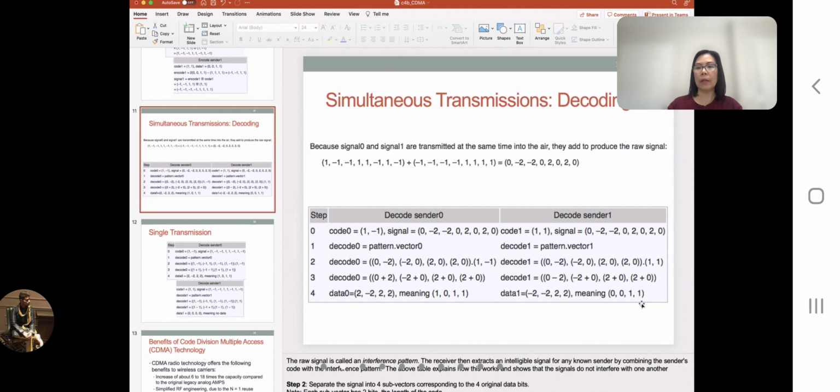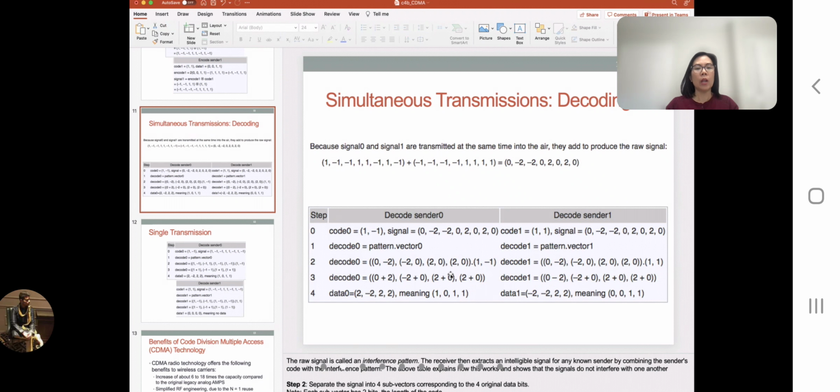And that's how a receiver can decode the combined signal to get back the original messages from each sender. Now, in this example, we assume that both senders have data to send, and they send them simultaneously, at the same time.